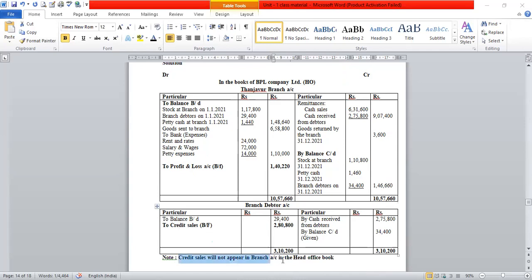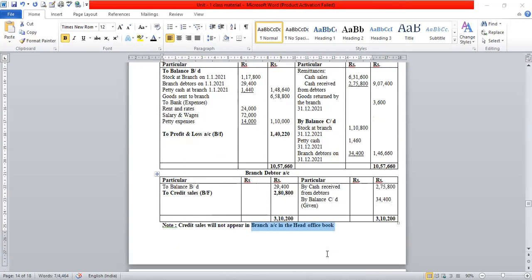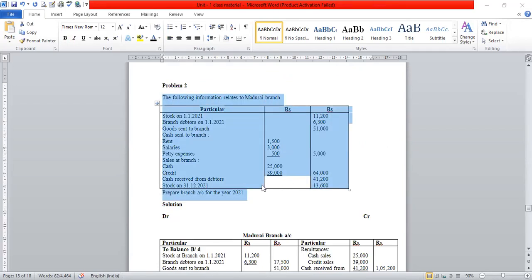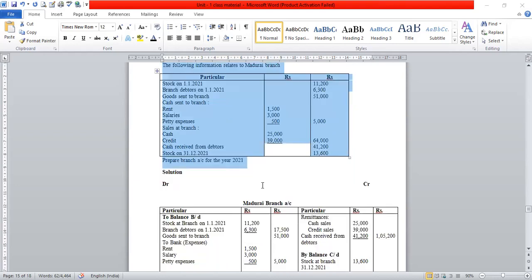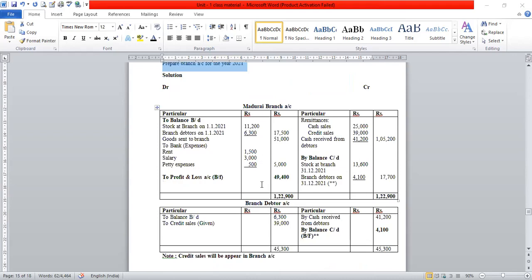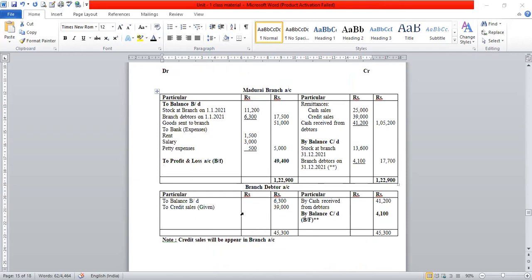So I have mentioned that here. Credit sales will not appear in the branch account in the head office book. But in the second problem, they have not given any head office details. Only the Madurai branch is given directly. So here the credit sale will appear in the branch account, because this is the branch account book.